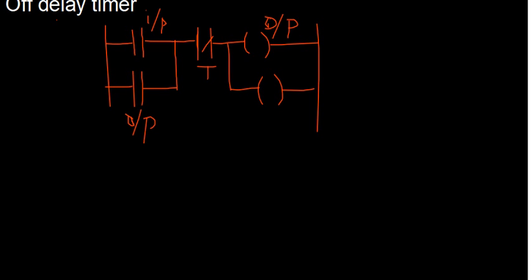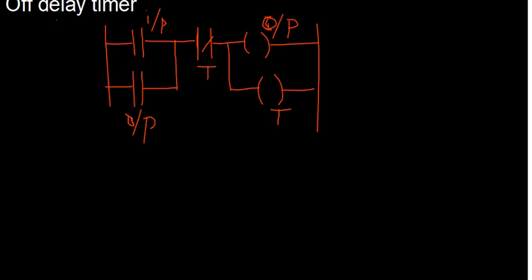Please try to see what exactly is happening here with the help of this diagram. In this particular case, my timer is a conventional timer, and using a conventional timer I wish to have an off delay timer.